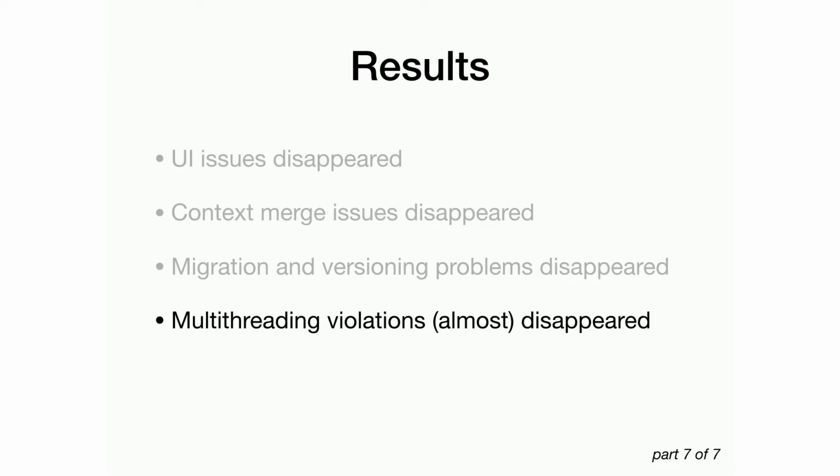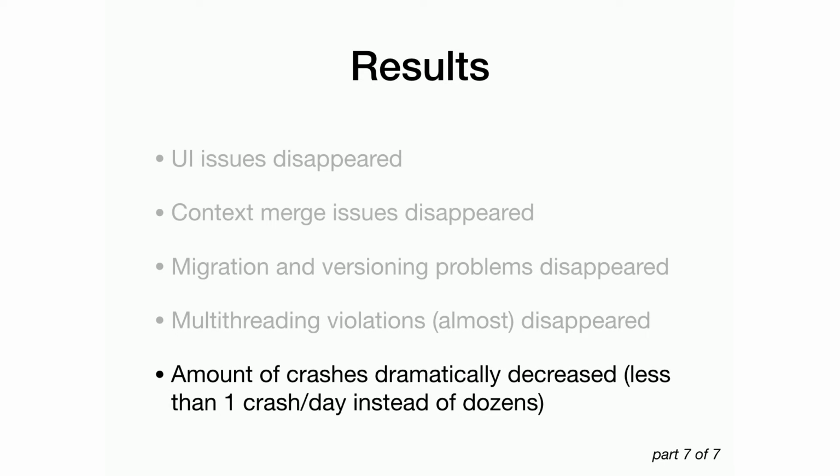So every time we find a new one, we kill it right on the spot. And we dramatically decreased our crash rate. Only Core Data related crashes, we had about several dozen crashes per day. And now it's one crash every 2-3 days, considering that the user base increased 8 times in the last 3 years. So I think it's a good result.